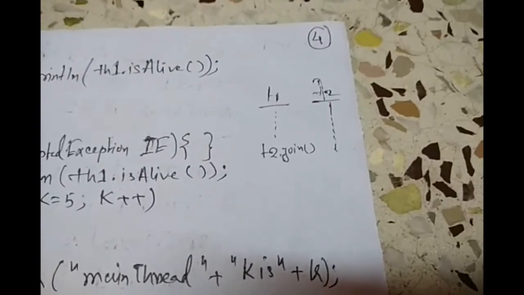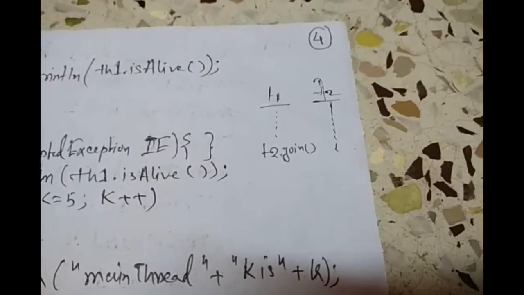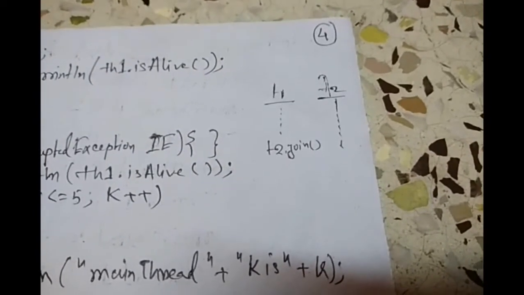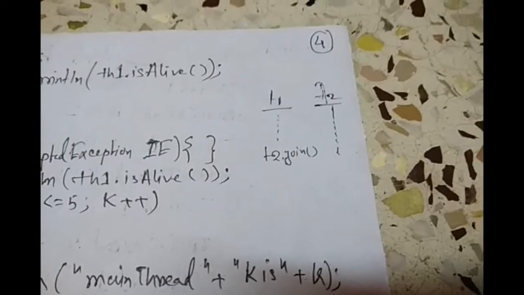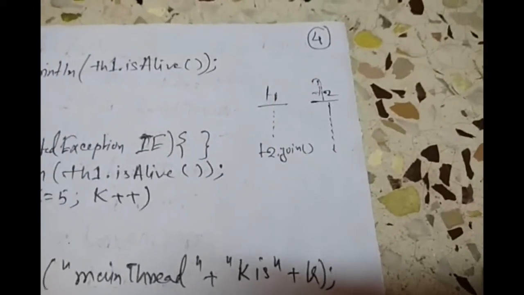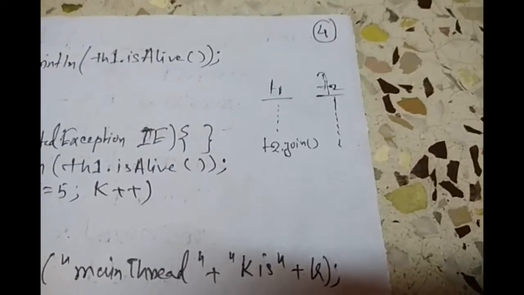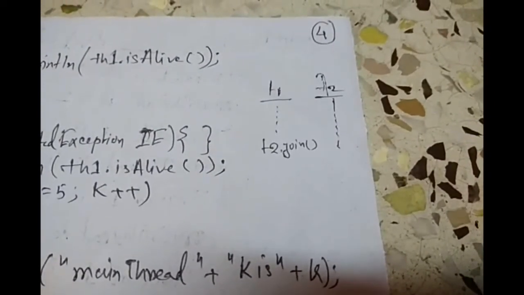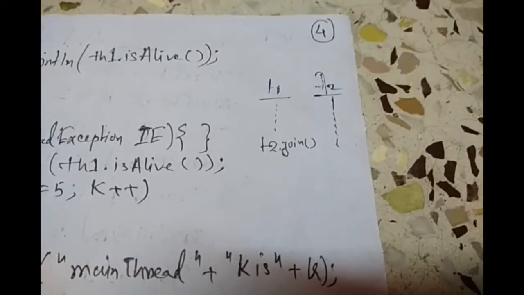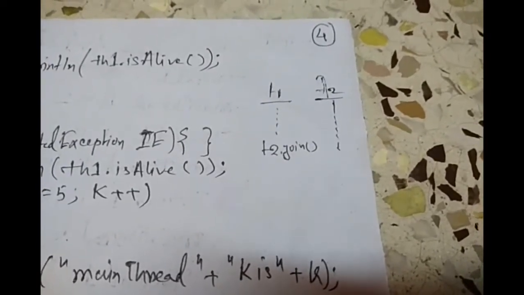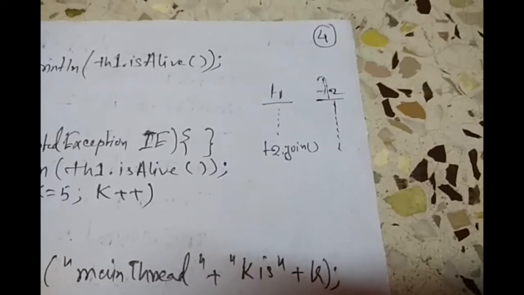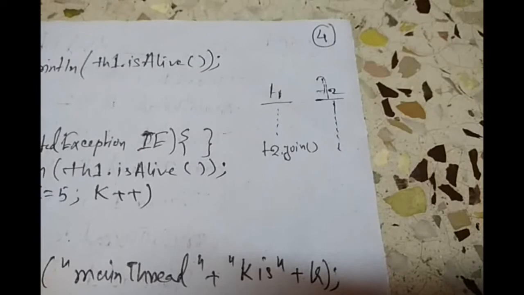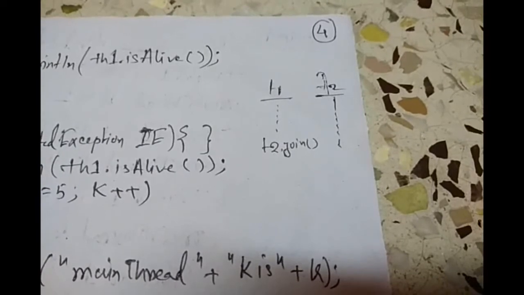This is a very uncertain event. Why? Suppose T1 says, I am waiting for T2 to finish its work and then I can start my work. But in that time period, thread T1 may be interrupted by another thread, and for that reason we have to take care of this T2.join statement.